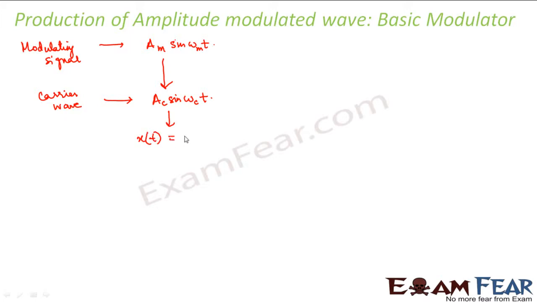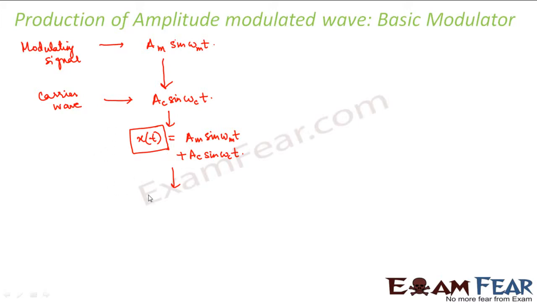When this acts on a carrier wave, a signal is formed which is a combination of these two, that is Am sine omega m t combined with the carrier wave. I have already given the exact form of this output in the previous slide.